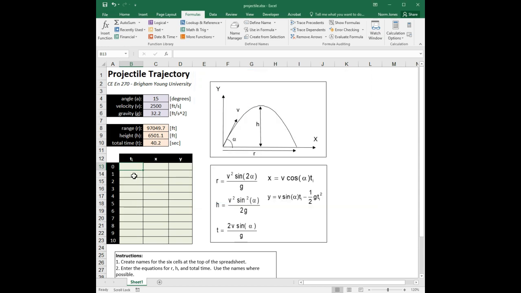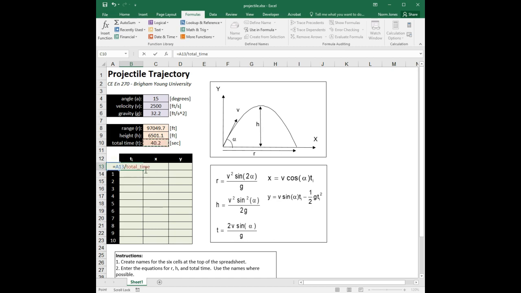Okay, now back to this. We're going to enter a set of formulas here that set up a column of numbers that vary between 0 and this total time t. The way we're going to do that is take this number to the left and divide it by 10 and multiply it by the total time. So we're going to say equals this number, relative reference, divided by total time.